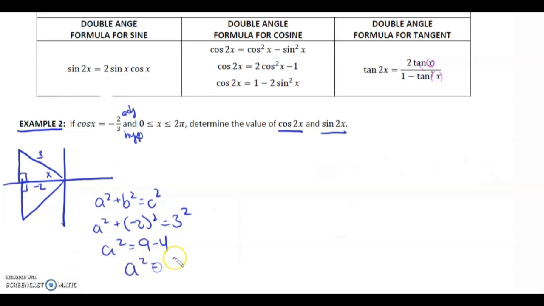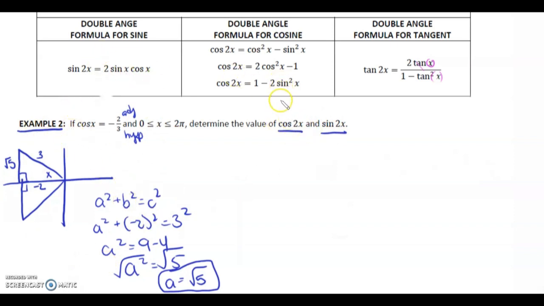So a squared equals 5. So a equals root 5. Okay, so this side is root 5. And this wants us to determine the values of cos 2x and sine 2x. So this is immediately what I'm thinking. This is just my visual. So let's even see if we need this.